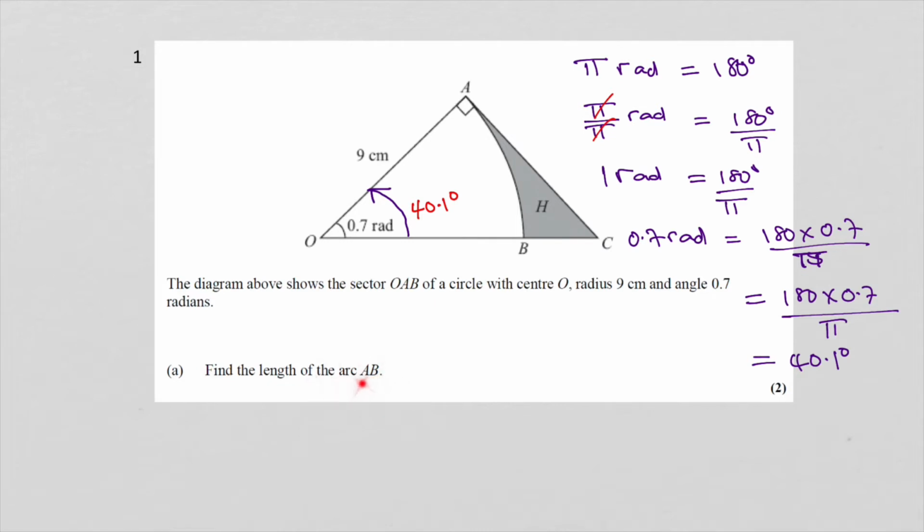Well, the arc AB, you may or you may not remember the formula. To work out the formula of an arc AB, you compare the arc AB, which is a sector, with the circle. So here's a circle, and here's a sector.